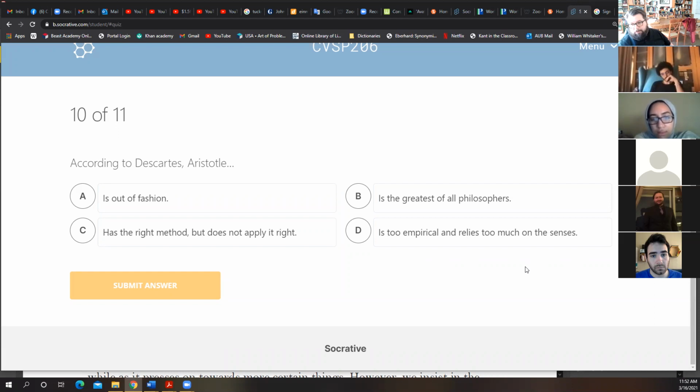Galileo, in his book on the two chief world systems, has a discussion with an Aristotelian. And the Aristotelian is too empirical. And he uses a principle that is from Aristotle, right? Which is that when you're arguing about something, the final say should be had by the senses. And so they're arguing about whether Copernicus is correct, whether the earth moves.